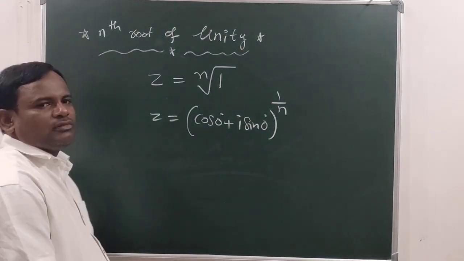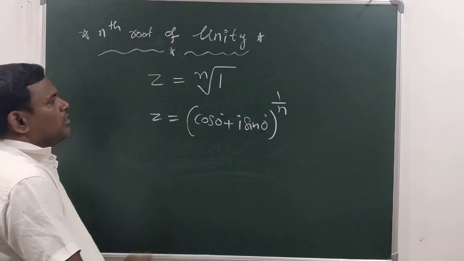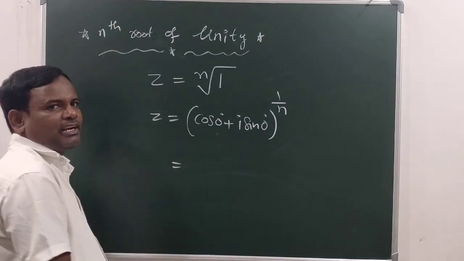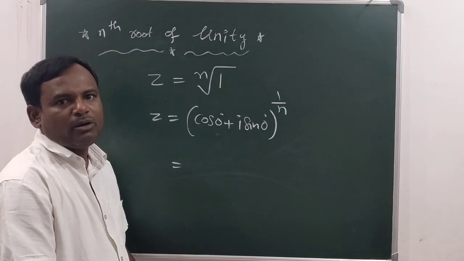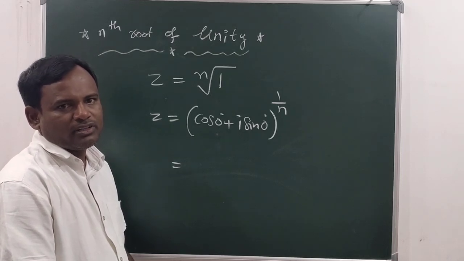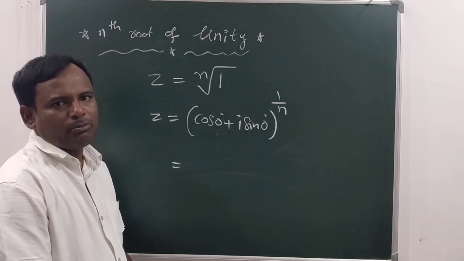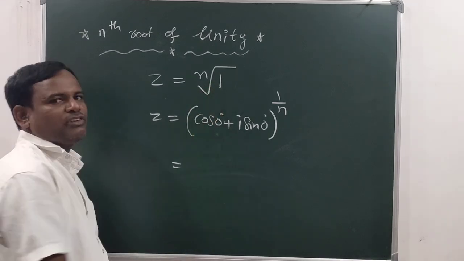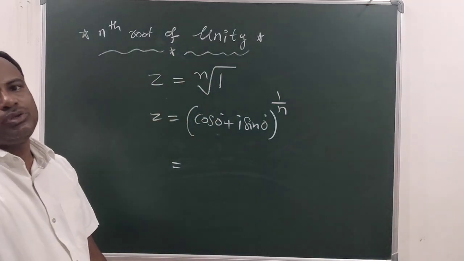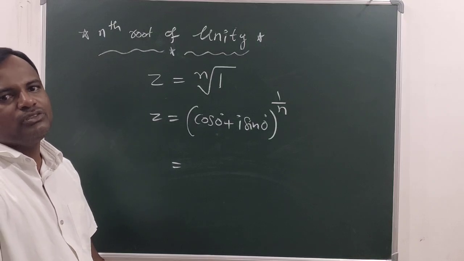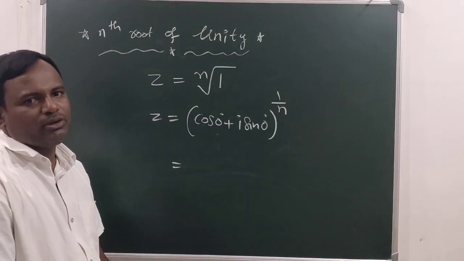Now apply that nth root of a complex number formula. There we wrote r power 1 by n. Here whose magnitude is 1, no? Because we are writing the roots for unity, means whose magnitude is 1, r equal to 1.